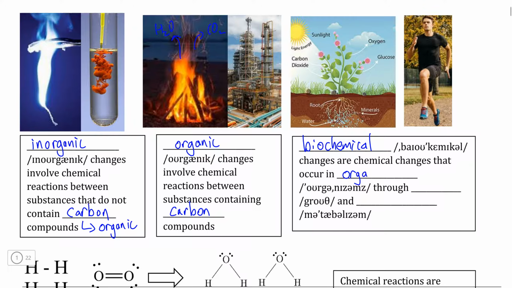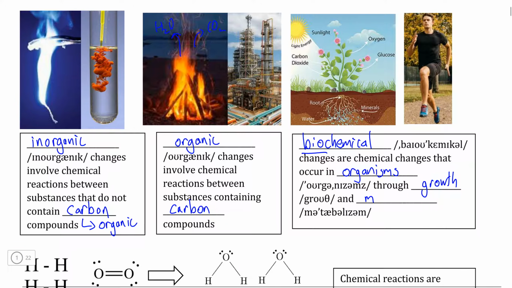The prefix bio gives you a hint that these take place in living organisms and generally fall into one of two categories. The first are chemical reactions that are used by organisms to grow bigger, and the second category, what we call metabolism or metabolic reactions, are usually used in organisms for the purpose of producing energy.